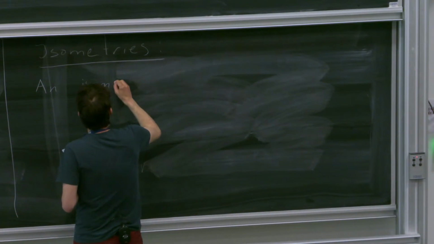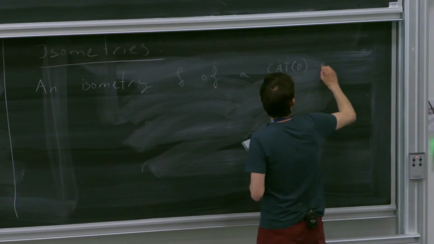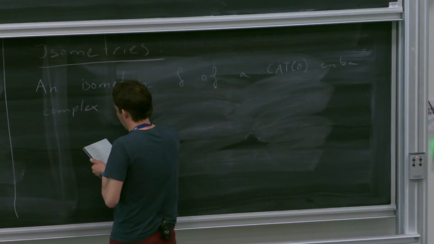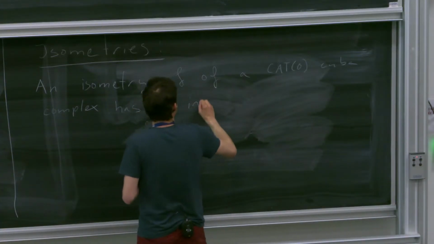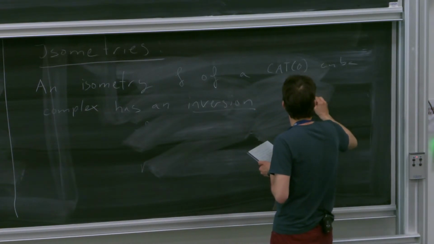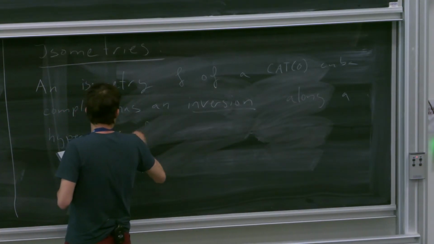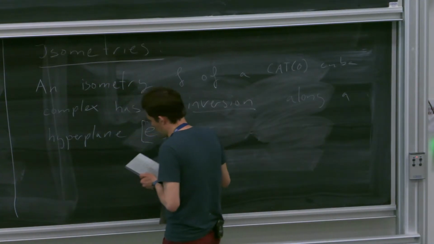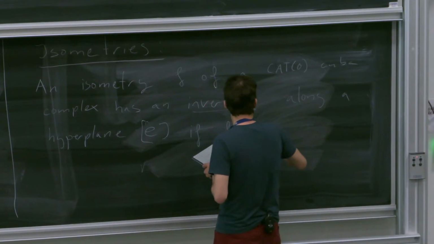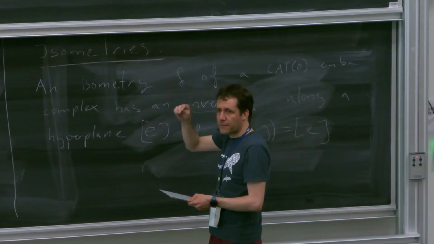We say that an isometry f of a cat-zero cube complex has an inversion along a hyperplane E if it preserves the hyperplane and if it exchanges the two half spaces.